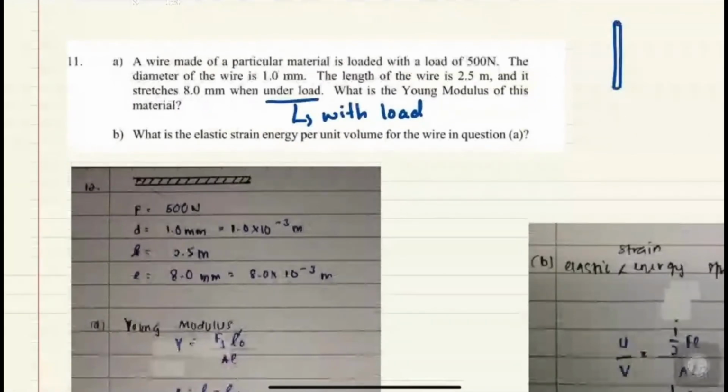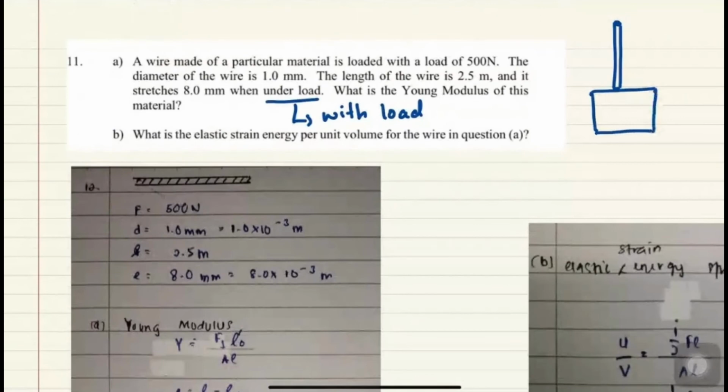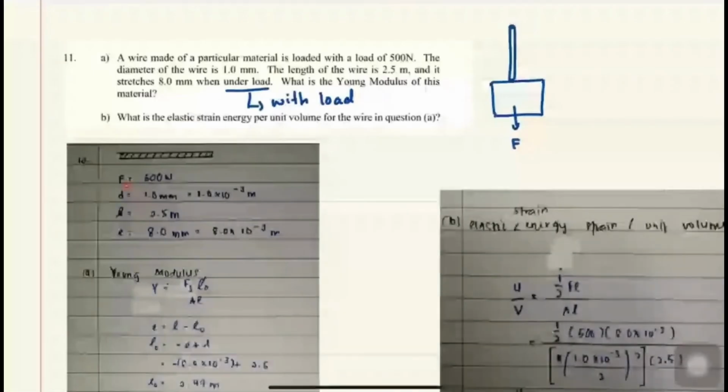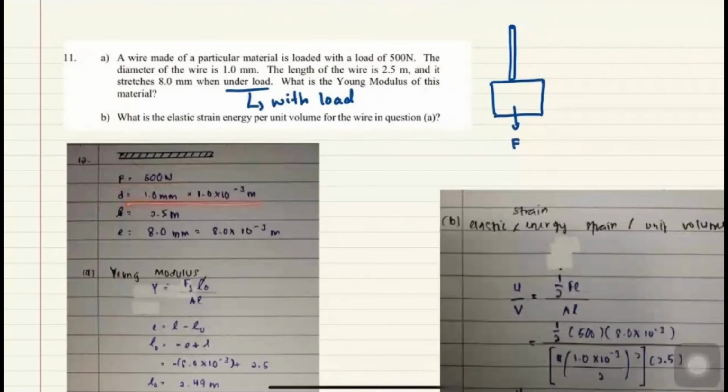Lepas dia ada load, dia terus kasih force kan. So senang je lah. So force yang apply ni adalah in that direction. Okay. Boleh teruskan. Kamu ada keluarkan maklumat, so okay lah. So saya keluarkan semua maklumat dia. Okay. And then dia suruh cari dan saya dah tukar siap-siap dalam SI unit.